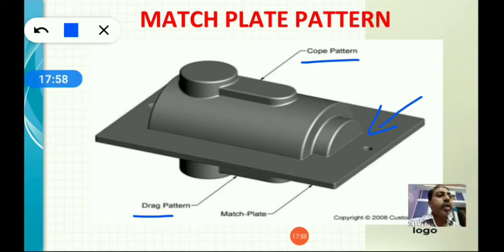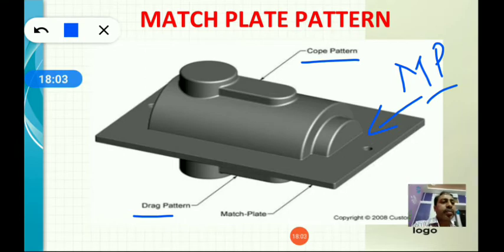Between these two there is a match plate. This is the match plate. So match plate can be connected with both the patterns, so that it cannot be displaced from its positions, and we can easily create a good product.